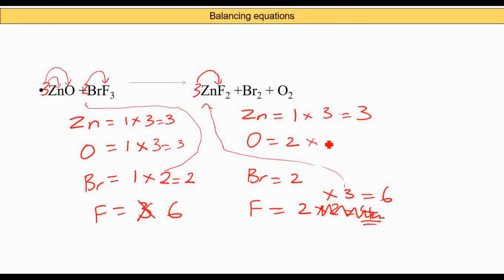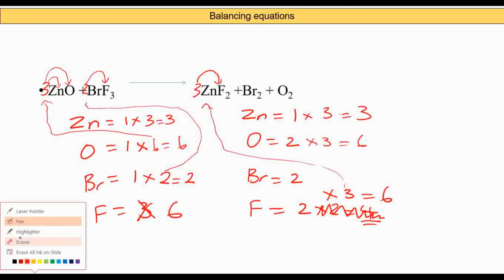So what I can do is times that by 3 to make it 6. I need to find out what I can do to the oxygen here to make it 6. So I'm going to have to go back here. That's going to have to be erased. That's going to times by 6, which means that 6 needs to go in front here.